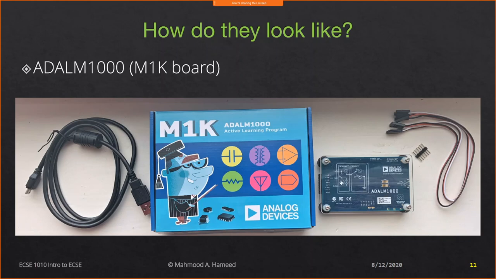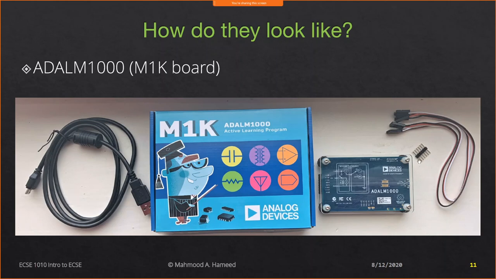The M1K board itself is the one that is shown over here. It has function generators, it has oscilloscopes, it has DC voltage supplies, it has a lot of things of interest to this class. More details about that when we actually get to using this. But that's what you're after, that particular board.